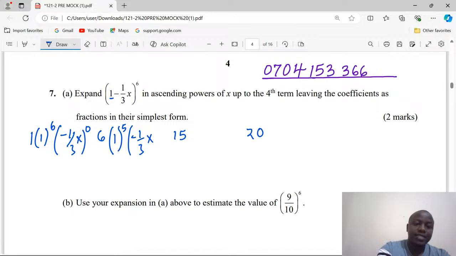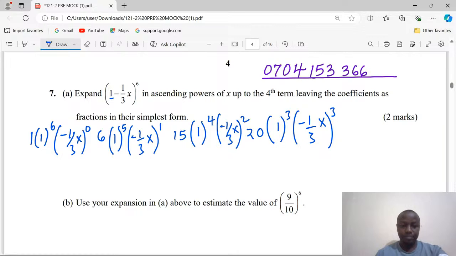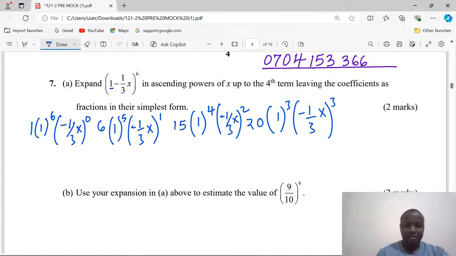Negative a third x, now raised to power 1. Then we shall have 1 to power 4, and negative a third x squared. And finally, in the fourth term, we shall have 1 to power 3 and negative a third x also to power 3. So that is the first substitution.